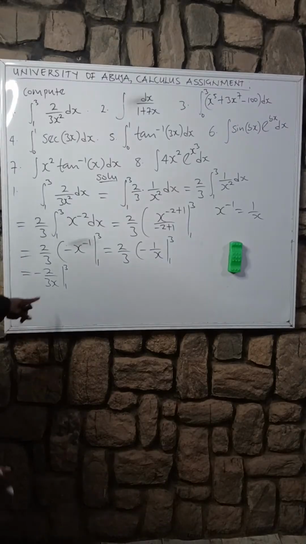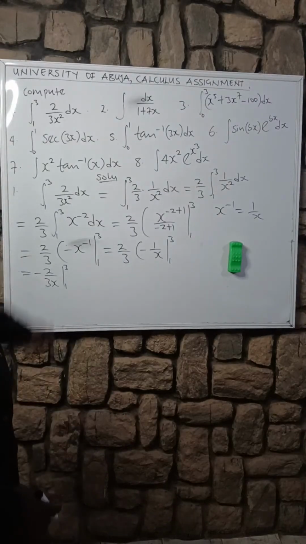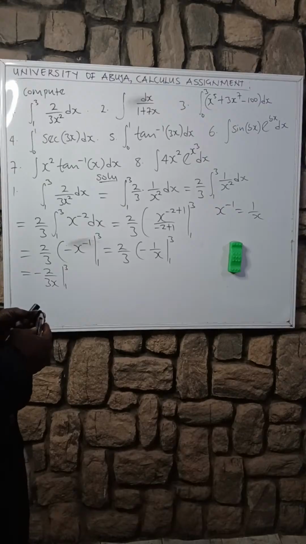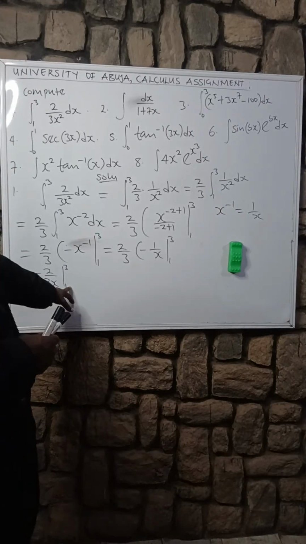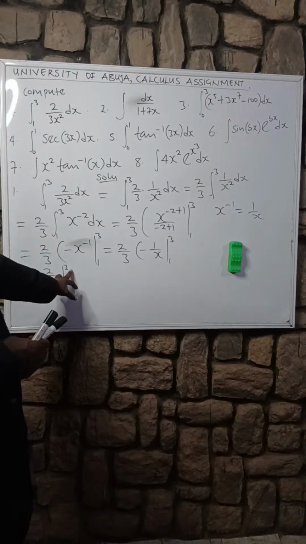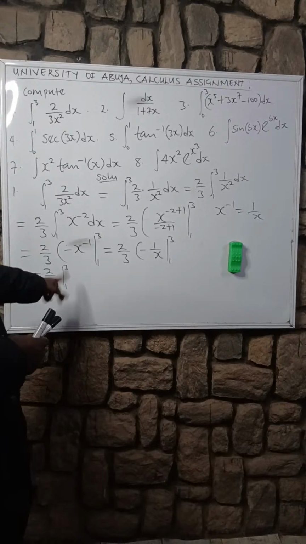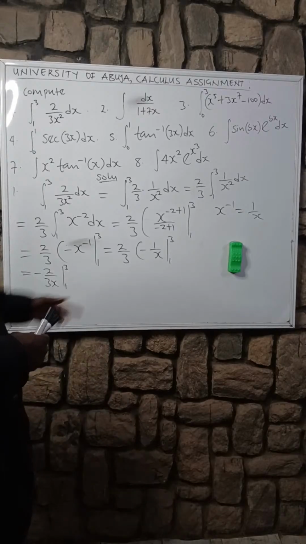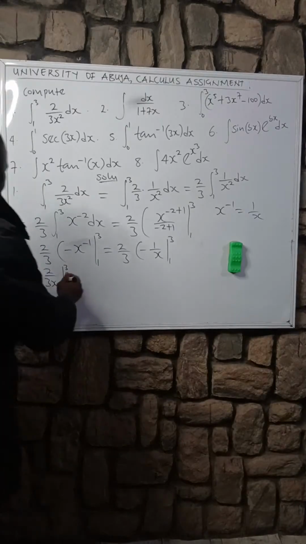You agree with me? So this is what we are going to have. This limit implies that we subtract the lower limit from the upper limit. Anywhere you see x, you write 3. So this is what you are going to do.